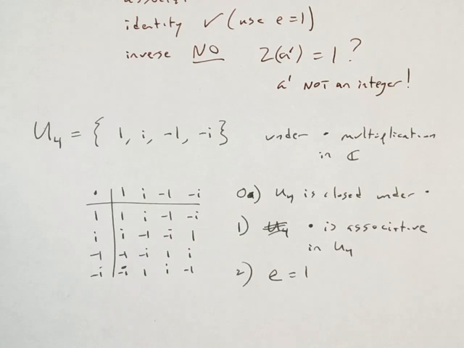Does every element have an inverse? Is there something I multiply each one by, and I get 1 as a result? I should be able to list them, right? Only 4 elements.